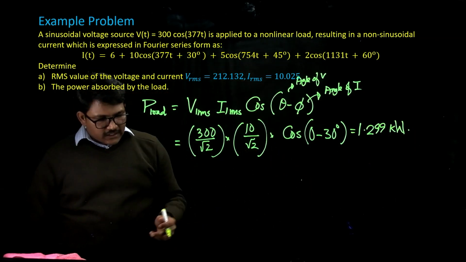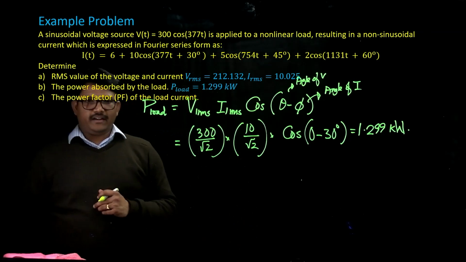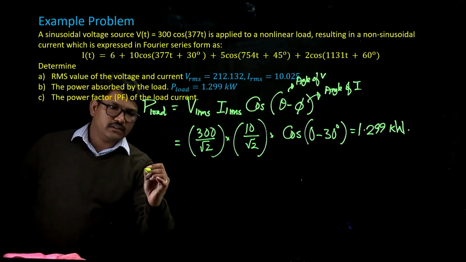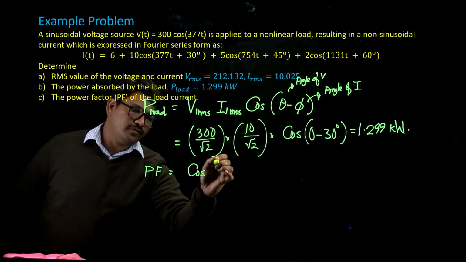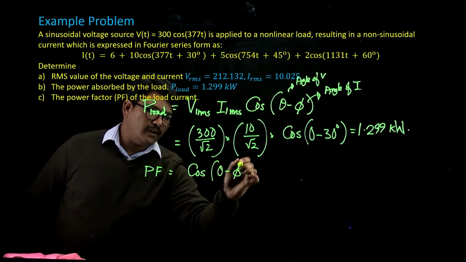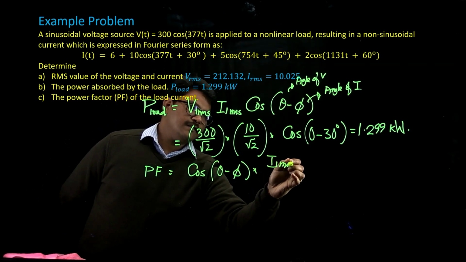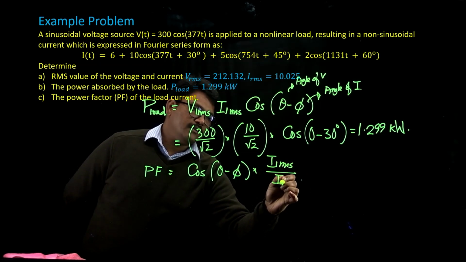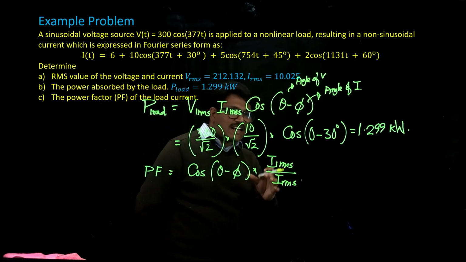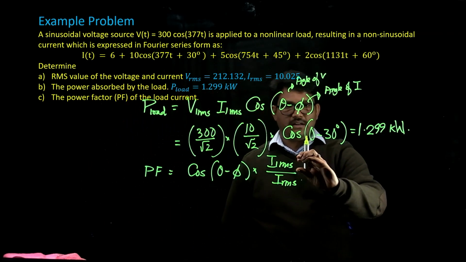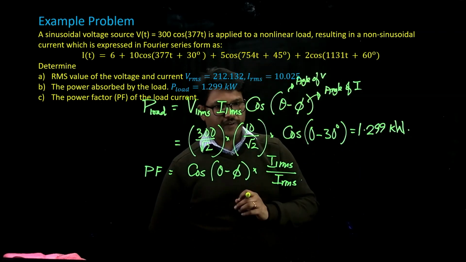After calculating the value of the power, if you wanted to get the value of the power factor, in this case it is actually cos of theta minus phi multiplied by I1 RMS upon IRMS. Here in this case, since we don't have just the current that corresponds to the fundamental value, we also have the currents that correspond to the higher order frequencies.